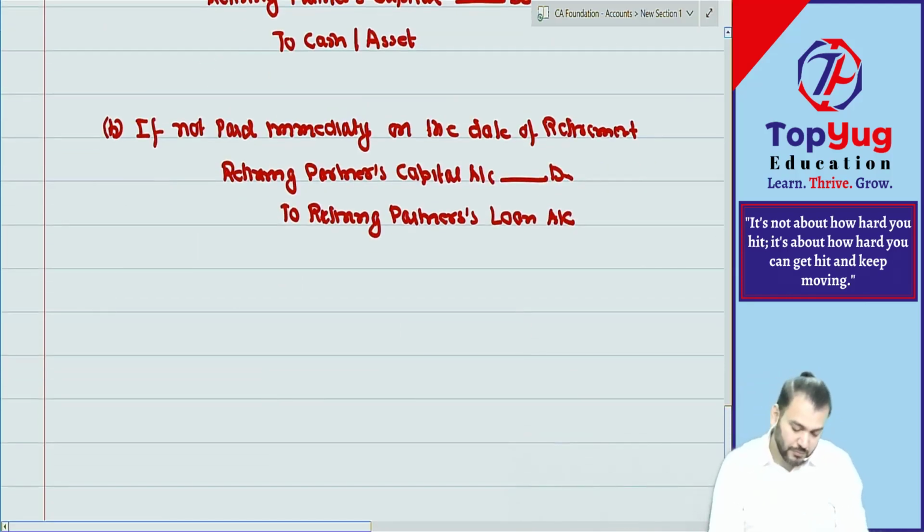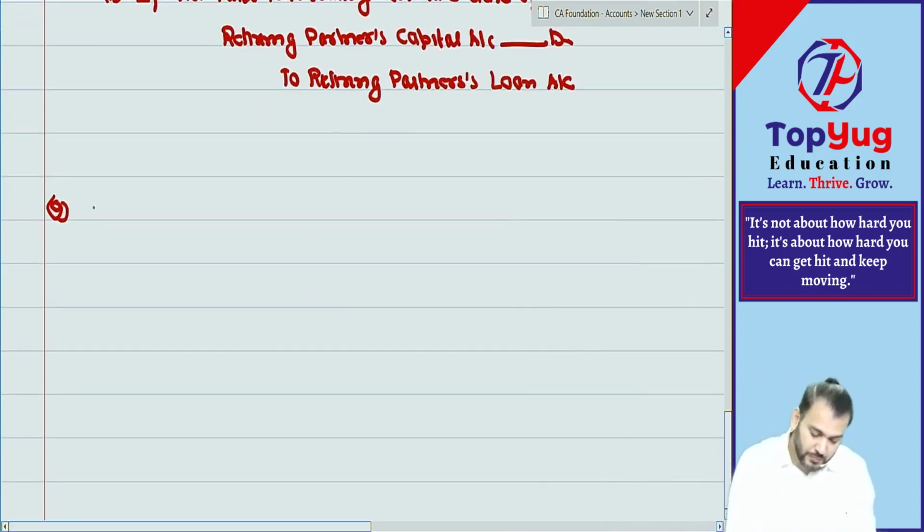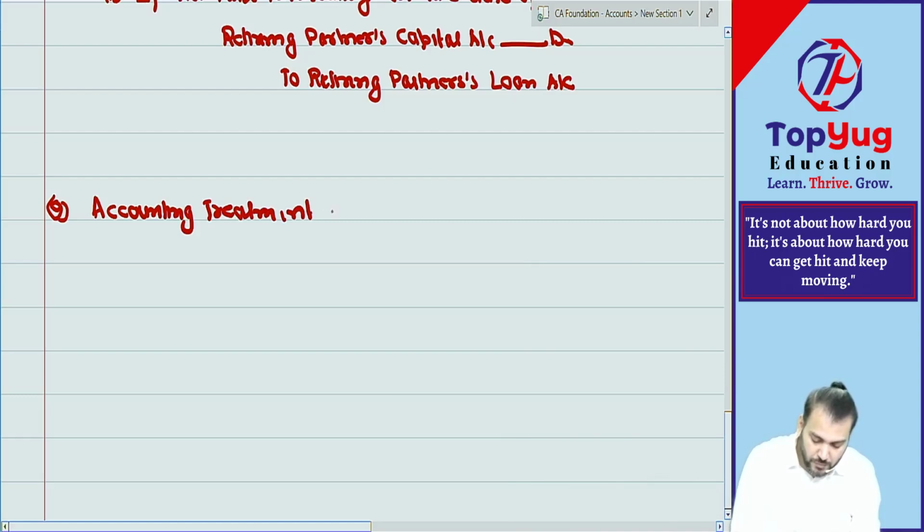Then add on. Next point is what? 9. Accounting treatment of joint life policy, JLP.